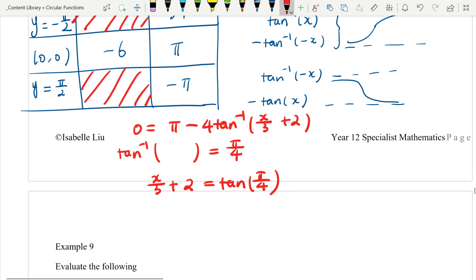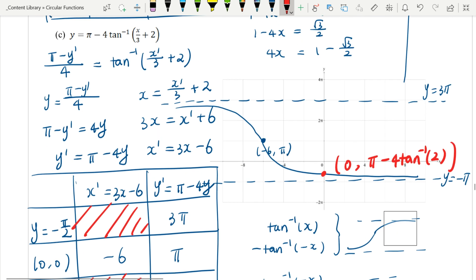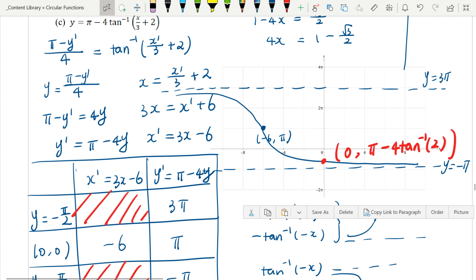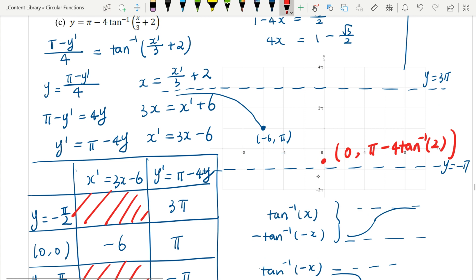What's tan of pi over 4? 1. So x over 3 is minus 1. X equals minus 3. That's a good value. So it's minus 3. I'm not really plotting on the right point. Negative 4 is here, negative 3 is kind of here. Negative 3 comma 0. So I need to adjust my graph a little bit.